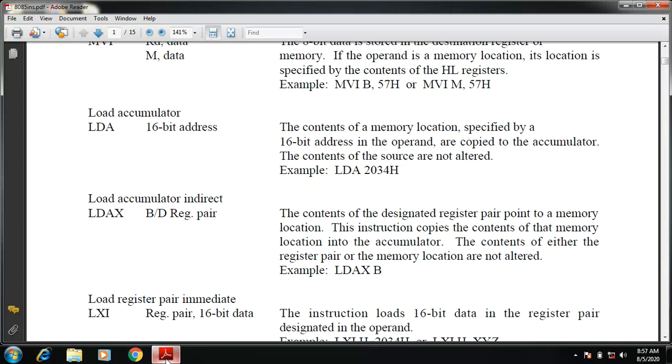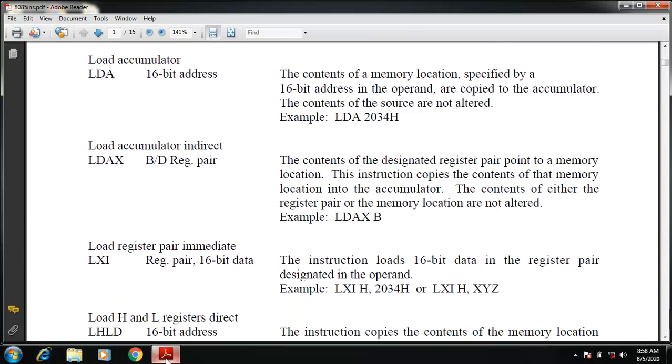The content of either the register pair or the memory location is not altered, because the specified memory location is given. For example, LDAX B. B stands for the BC register pair. The contents of the memory location are loaded into the accumulator.